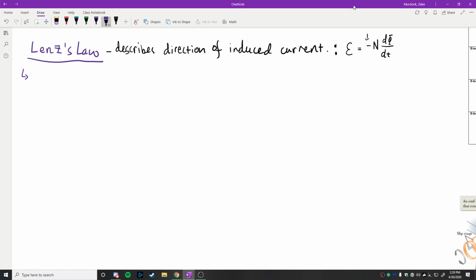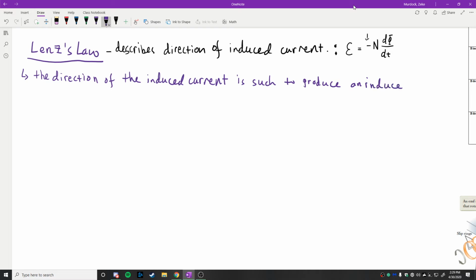when current is induced, the direction of the induced current is such to produce an induced magnetic field in a direction opposite to the change in flux.